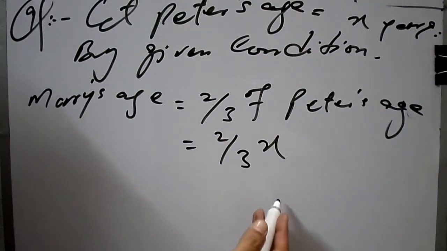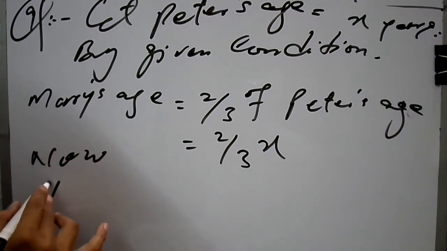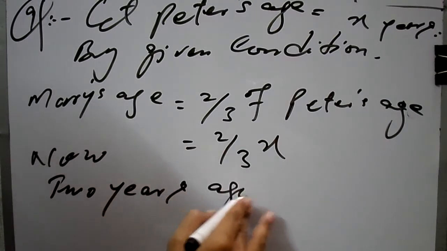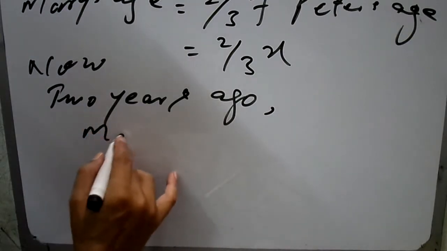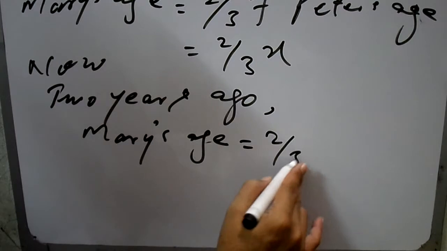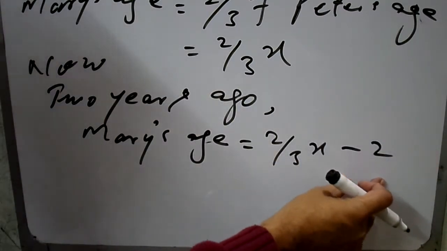Now 2 years ago, Mary's age will be 2/3 x minus 2, because 2 years ago means you have to subtract 2.